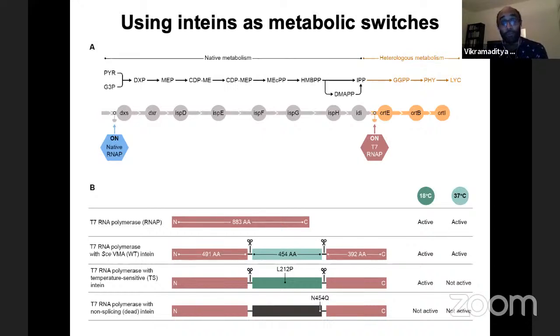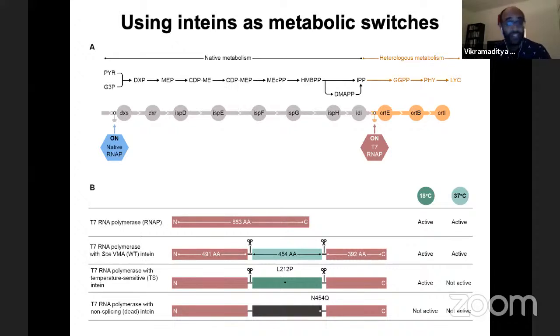Now, in order to improve the productivity of this process, we decided to make the microorganism sense its environment. Because of the nature of some of the enzymes, you are forced to operate the process at a low temperature. That ensures that some of these enzymes in the pathway, specifically ISPD, ISPF, and DXS, remain soluble and therefore operate at a high activity inside your cells.